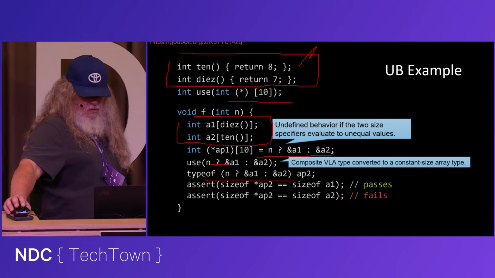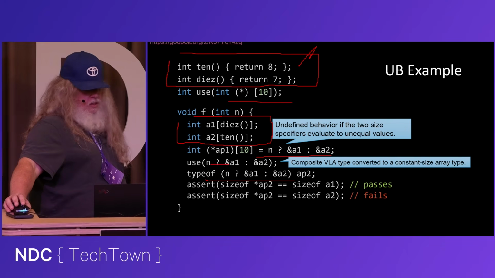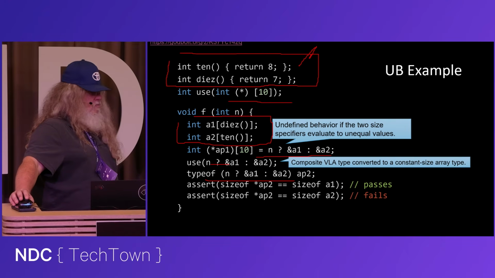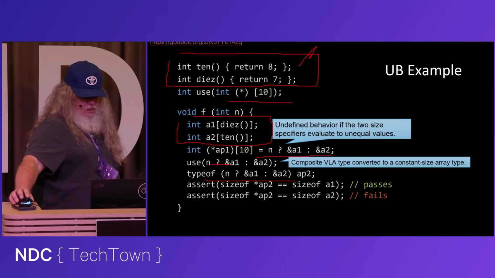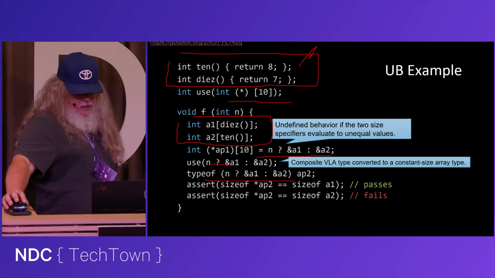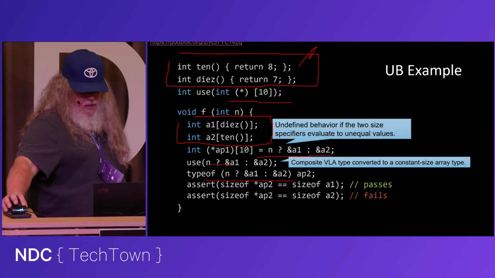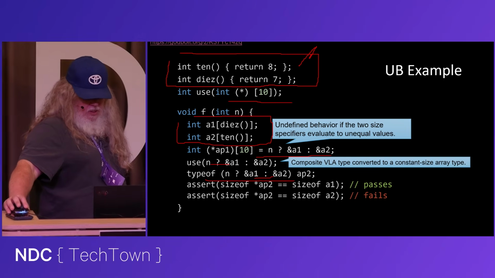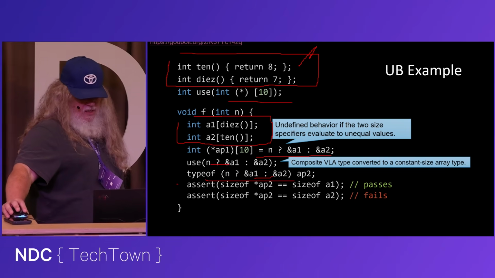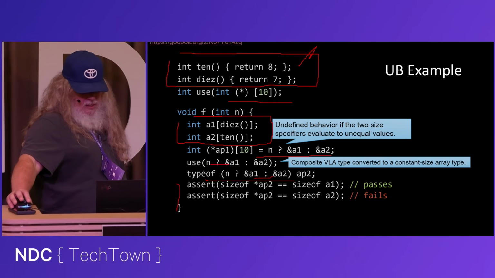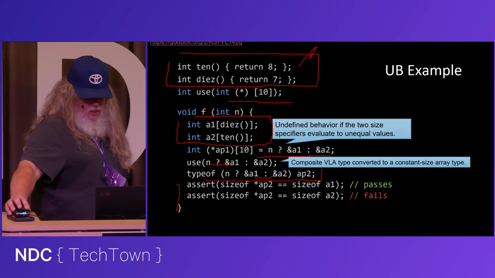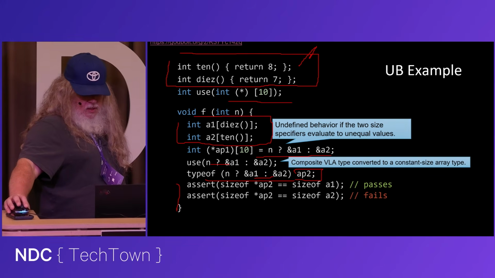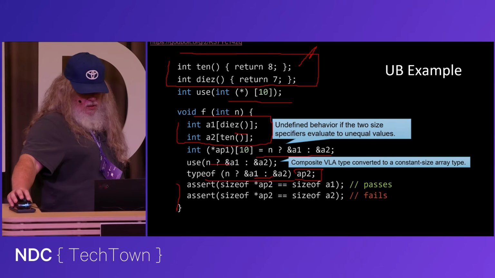There's just no hint here what the type is, right? So really the compiler has no idea what the size of this is. And because we've had the UB in this expression, we now ask, is the size of this new object equal to the size of A1?